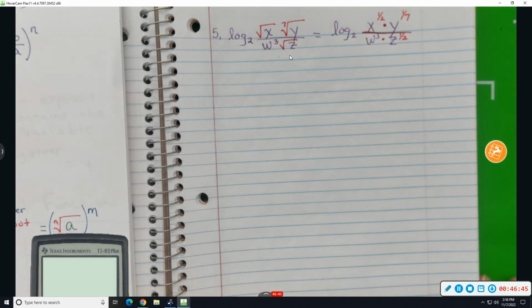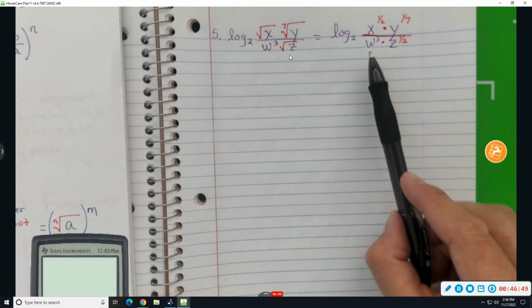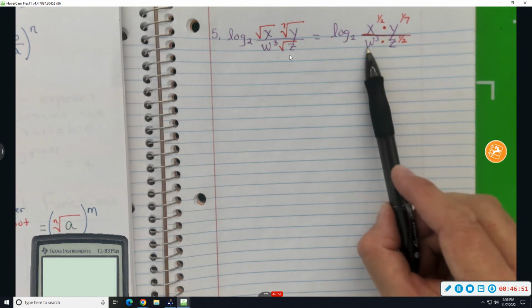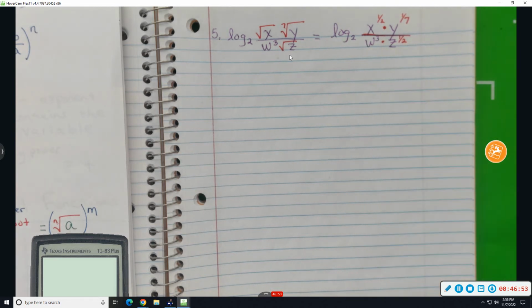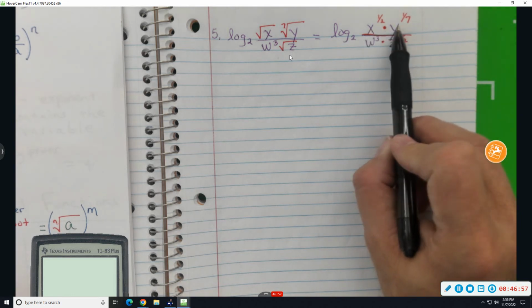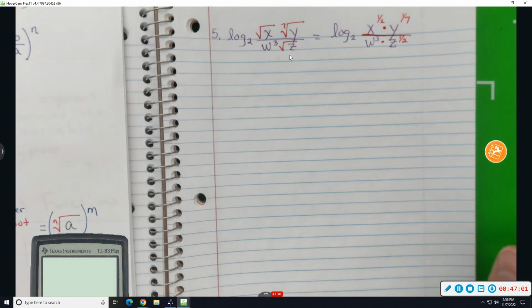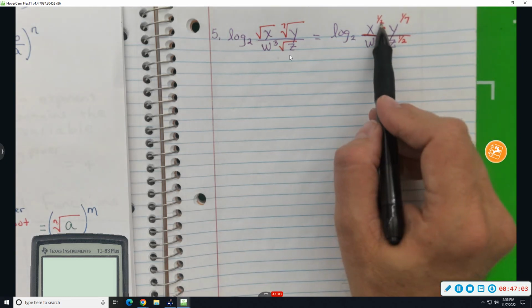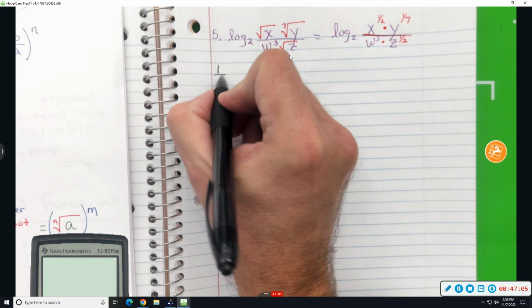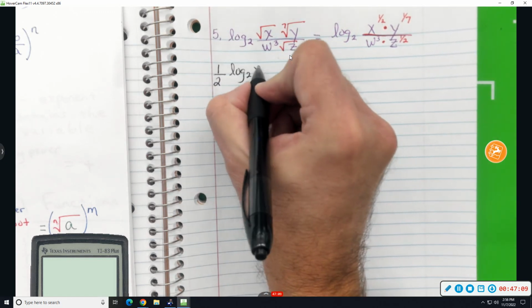How many minus signs are we going to have in this answer? 2. How many logarithms are we going to have? We separated into 1, 2, 3, 4. So I'm writing out the answer. The exponent goes first. Log base 2 of x.